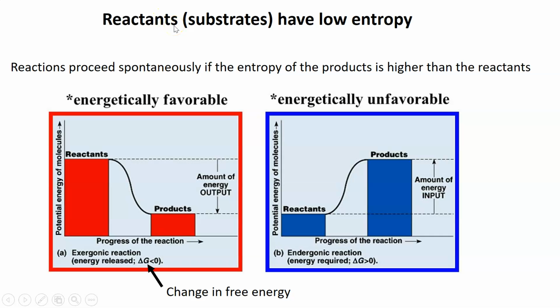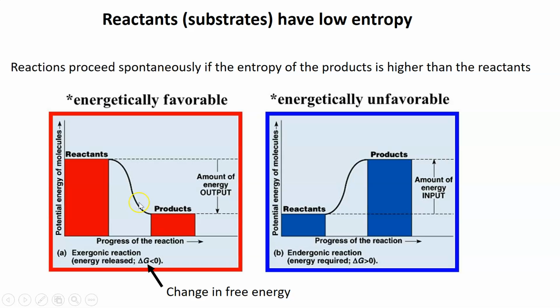For a reaction to happen spontaneously, there has to be this difference in free energy. If you look at this bar here, this is the reactants. Lots of free energy, or available energy, in this, and look at the free energy in the products. It's much lower. So there's this change in free energy here. It's lost some of the energy.